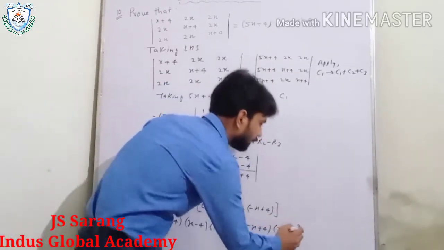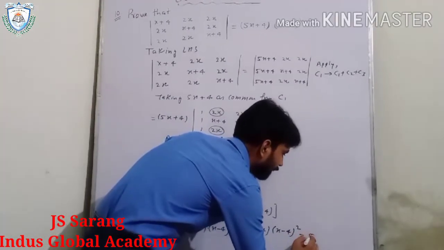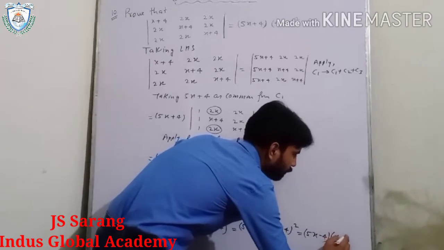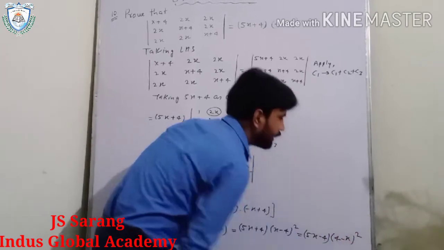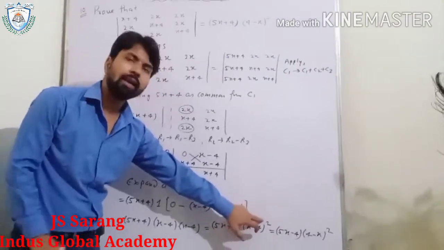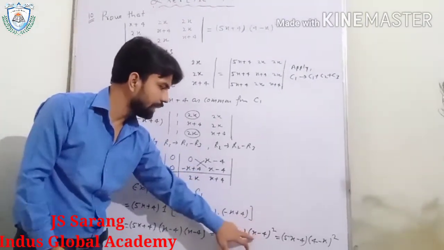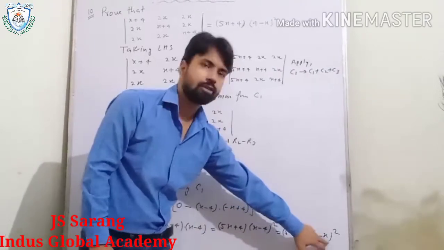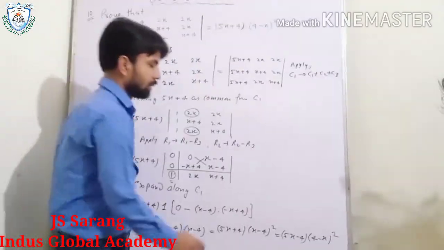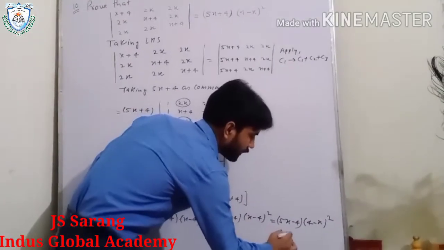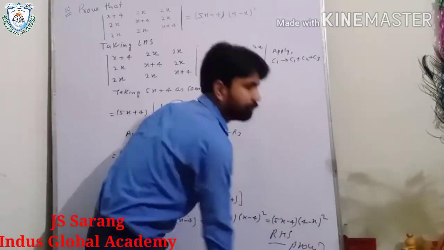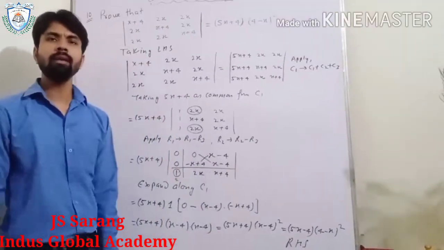If we take minus common, what is left is (5x plus 4) into (4 minus x) whole square. Minus square gives a positive sign and the sign inside the bracket is changed: (4 minus x) whole square. Now this is equal to RHS. Hence it is proved. Hope it is clear to everyone.